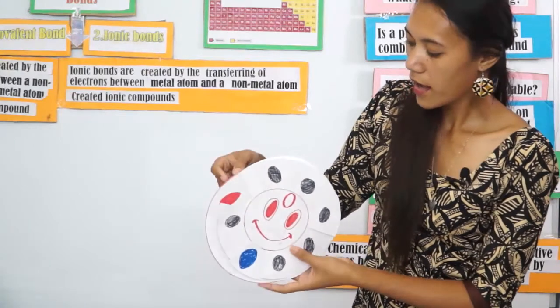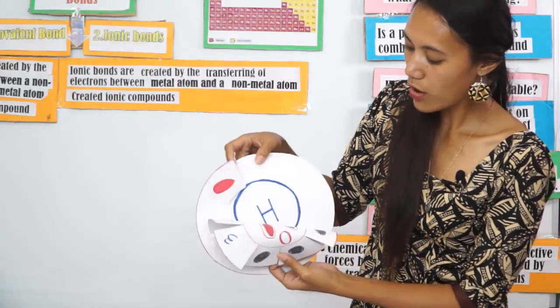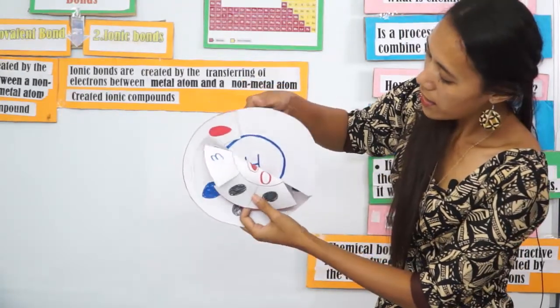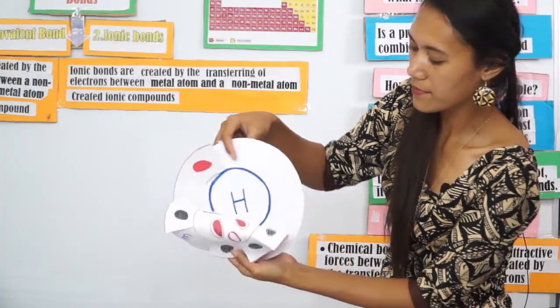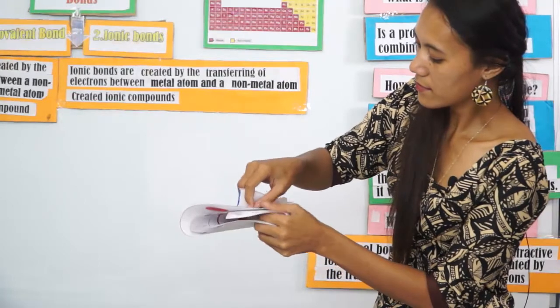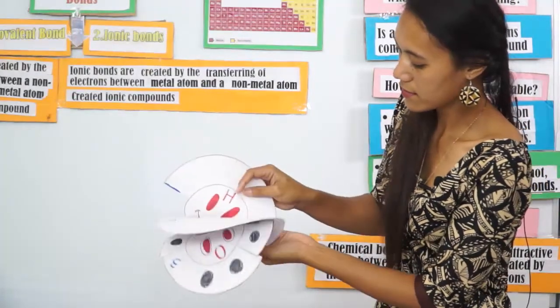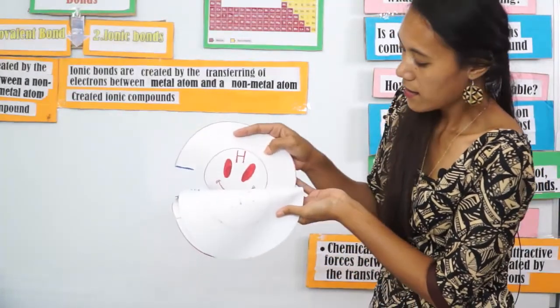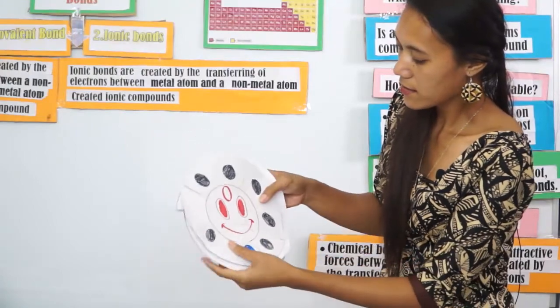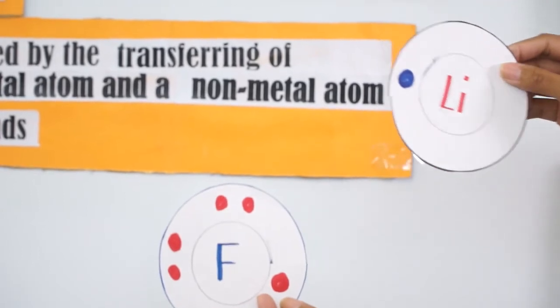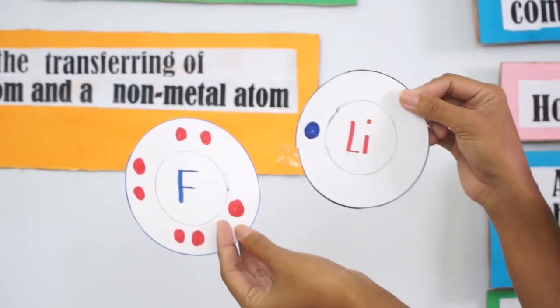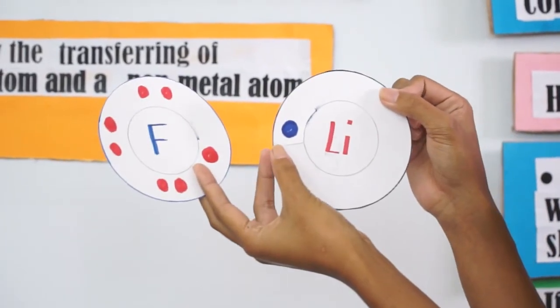Therefore, another hydrogen atom comes to share its electron with oxygen, and they form the compound H2O, which is a covalent bond.